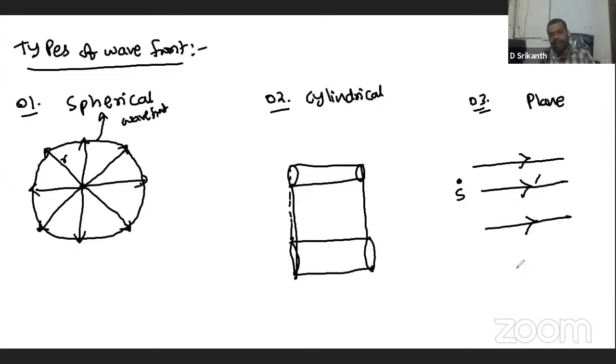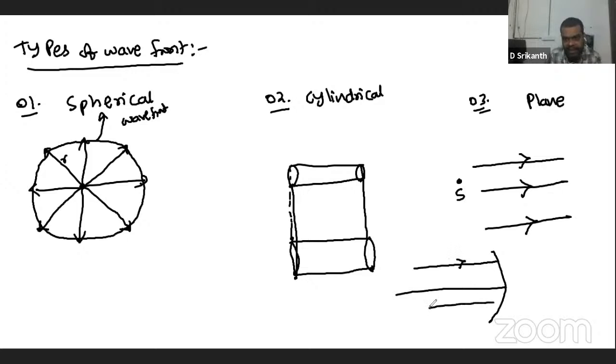Even in ray optics, while drawing ray diagrams for a mirror or lens, suppose I have a concave mirror, if the object is at infinity, we say the light rays are parallel to the principal axis.